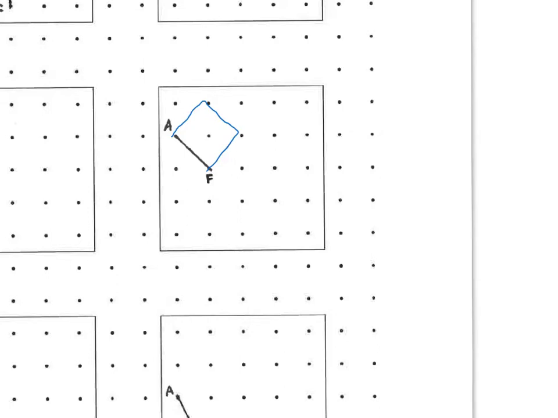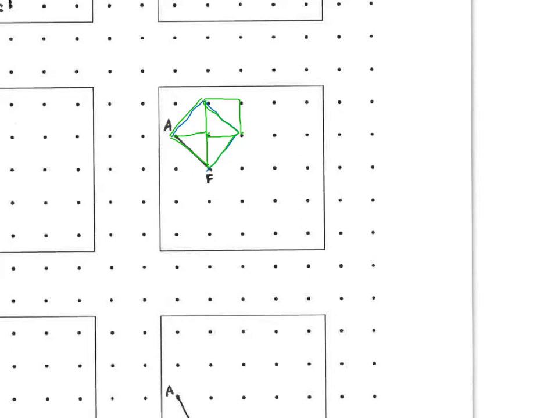So for example, I can find the area of this green triangle, which is exactly half of 1 unit square. So there's 1/2 square unit in that triangle. Since there's 4 of those triangles in this square, that would be 4 1/2 square unit areas, or an area of 2 square units.